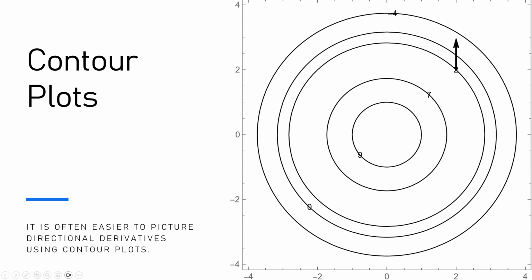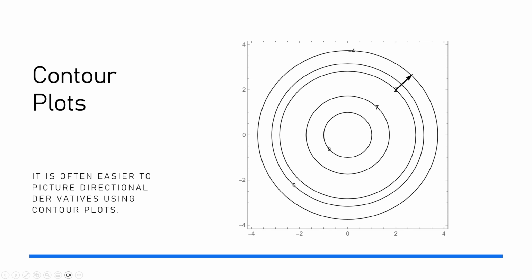Let's look at one more picture, because the previous one would just be the partial derivative with respect to y that we'd be measuring. But with this one, we're at the same point, but now going in the i plus j direction. We're still decreasing here, but notice in this case my vector happens to be perpendicular to this level curve.